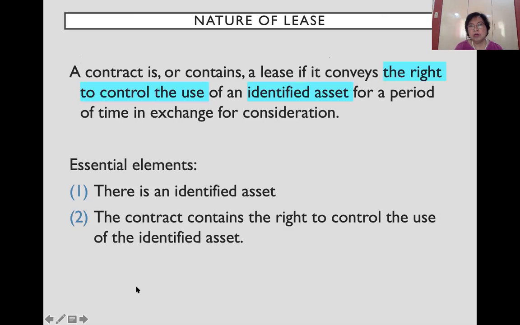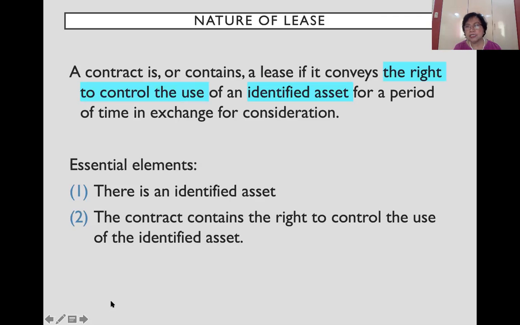Okay, so we will now determine whether a contract is or contains a lease. So why is it important? To determine whether this IFRS is applicable both from the point of view of the lessee and the lessor. If the contract is a lease, then you have to stay with this IFRS 16.